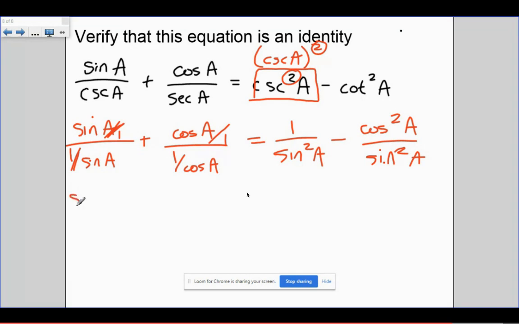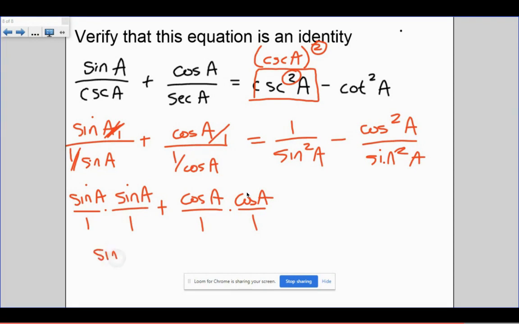I'm going to do the same with the fraction on the right as well. So I'm dividing by a fraction for both of those. To do that, I multiply by the reciprocal. And once I write all that out and simplify, you'll see I get sine squared A plus cosine squared A, which should look pretty familiar. That's the Pythagorean trig identity we talked about in tip number 2.